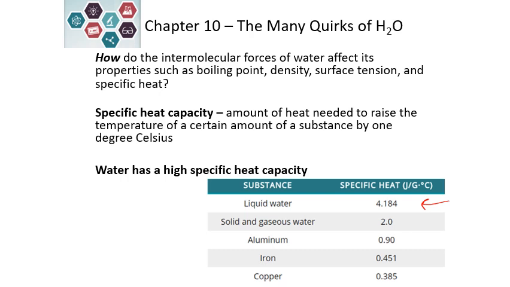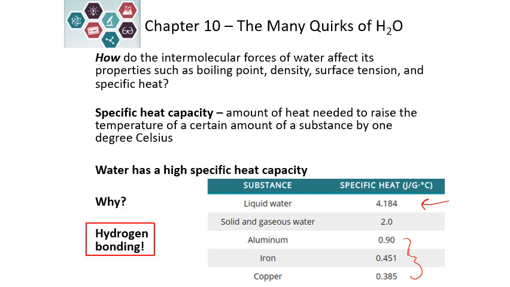Our metals have much lower specific heats, so they are all less than 1. This is part of the reason why we use them to make pots and cook out of. They gain heat quickly to heat up our food. They also lose heat quickly.